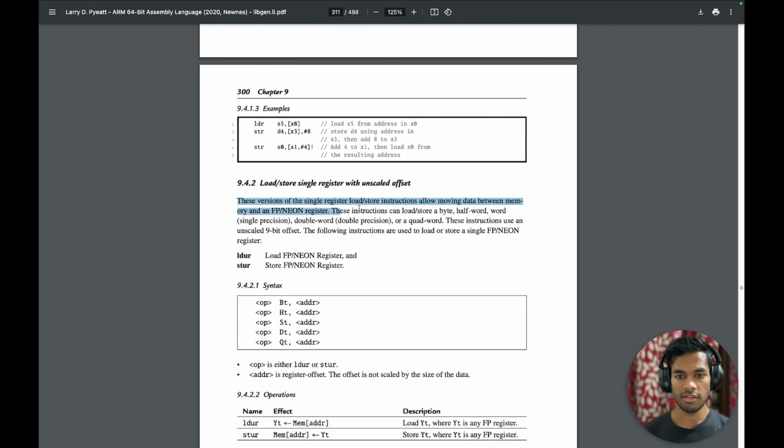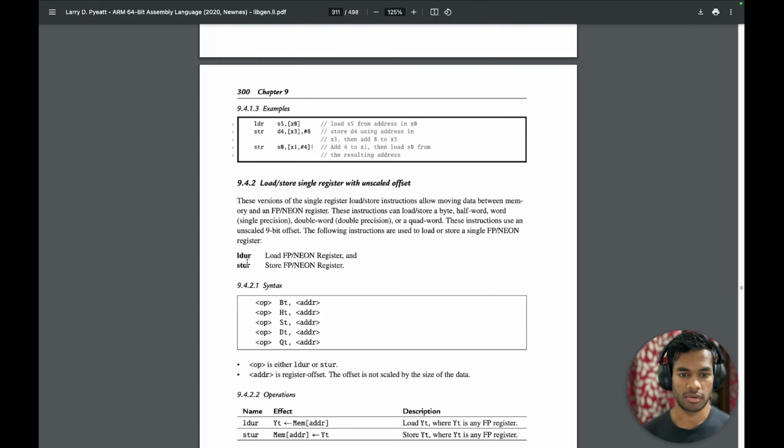These instructions can load or store a byte, half word, single precision, double word, or a quad word. That is, a quad word is 128 bits. These instructions use an unscaled 9-bit offset.